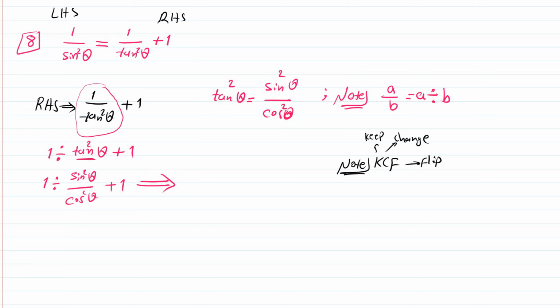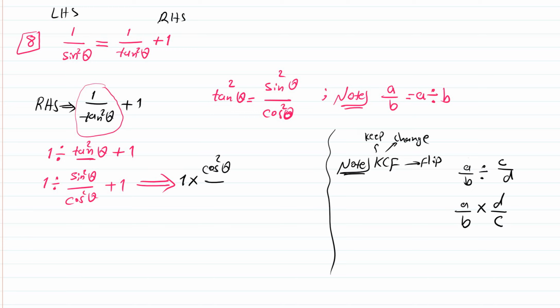If you have a division, let's say A over B divided by C over D, for example. We say A over B, keep the first one, change the second one to multiplication, and flip the third one to D over C. So you need to do the same here. We keep 1, multiply by, change division to multiplication, we did, and flip. It will be cosine square of theta all over sine square theta, then plus 1.